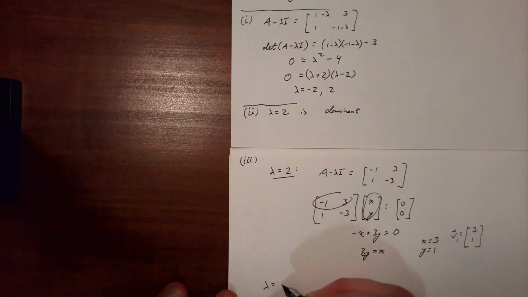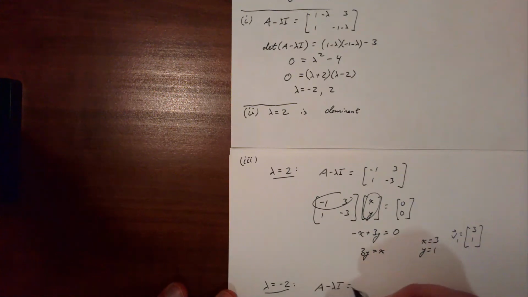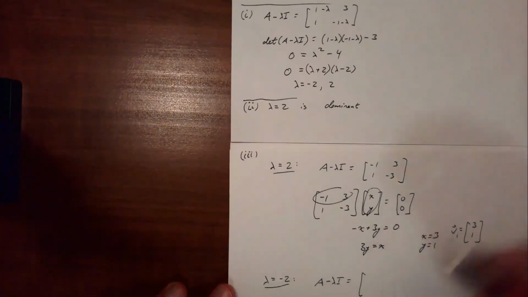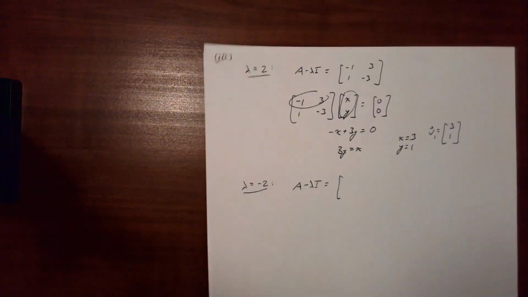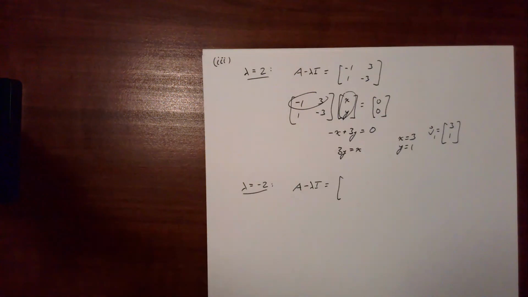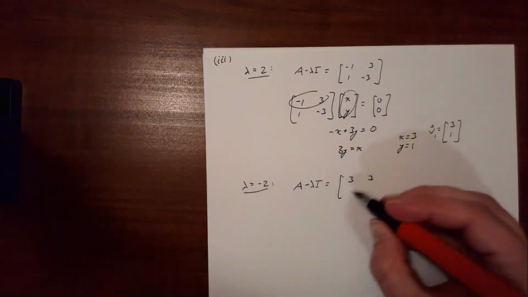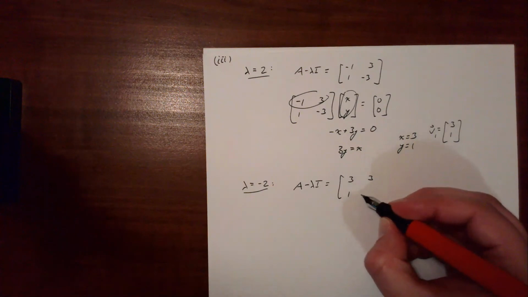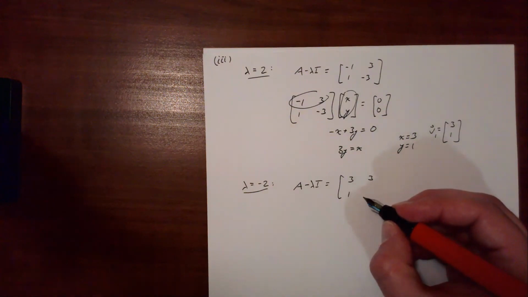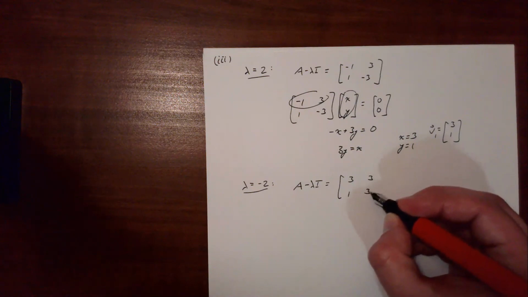Lambda equals negative 2, on the other hand, will take me to A minus lambda I equals, now what do we have? 1 minus negative 2. That's going to be 3, 3, 1, and then negative 1 minus negative 2 is going to be 3.